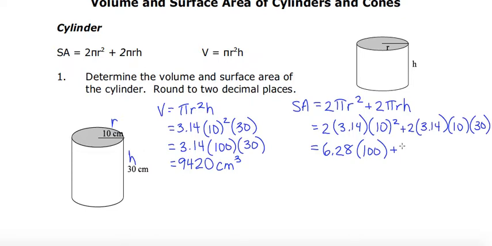And that gives us an answer of 1,884. The next thing I want to do is multiply my 6.28 by 100. That gives me 628 plus 1,884 for a final surface area of 2,512, and my units are centimeters squared for surface area.